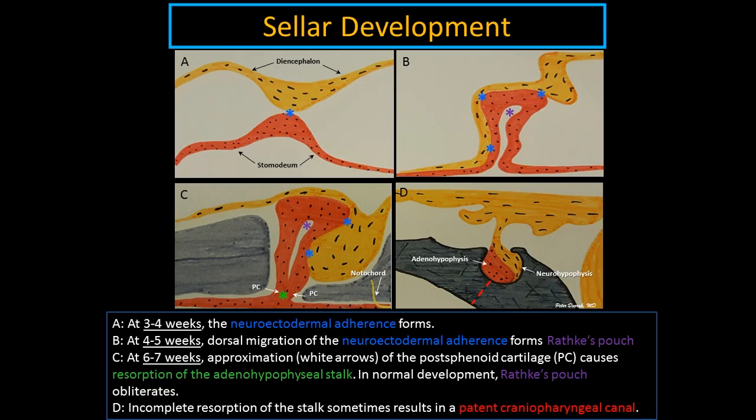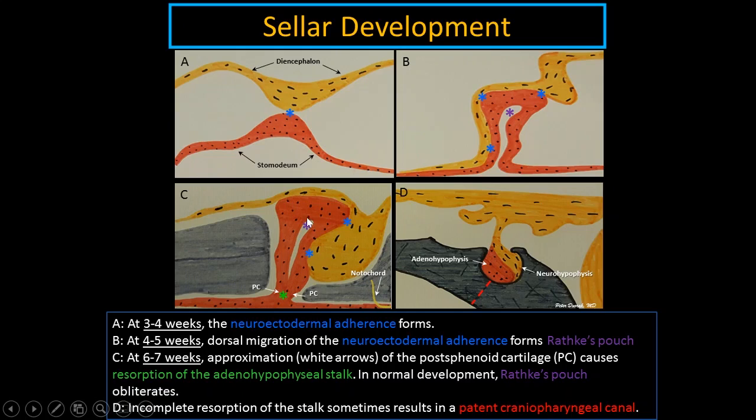The neuroectodermal adherence then undergoes dorsal migration at approximately 4 to 5 weeks and forms the Rathke's pouch indicated by the purple asterisk. At approximately 6 to 7 weeks, there is approximation of the postsphenoid cartilage, and this causes resorption of the adenohypophyseal stalk.